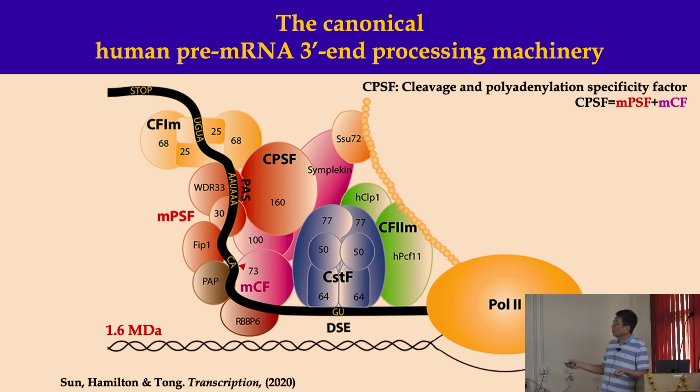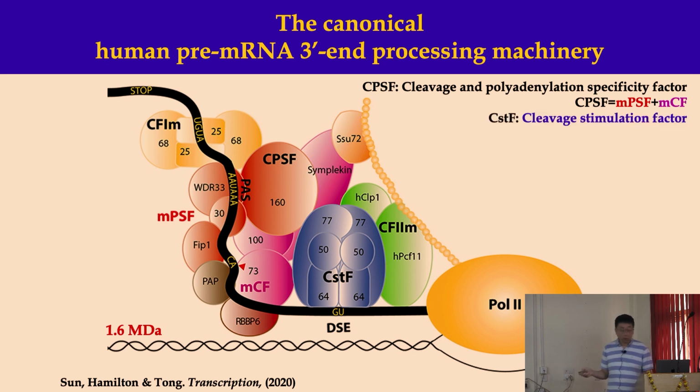It contains 4 subunits: CPSF 160, CPSF 30, WDR 33, and FIP1. The second factor is mCF, mammalian cleavage factor. As the name suggests, it does the cleavage, so it cleaves the RNA. That's 3 subunits in pink: CPSF 73, CPSF 100, and symplekin.